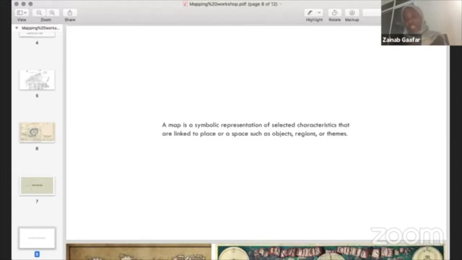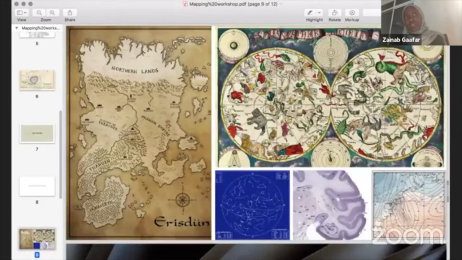But if you go to the next slide, you can actually draw maps about almost anything you can think of. You can make maps of fictional locations, of physical space or the sky, of the brain or the DNA, of statistics or numbers or phenomena or anything.